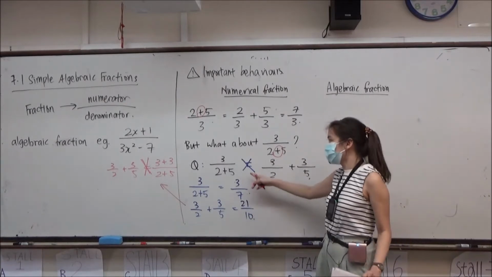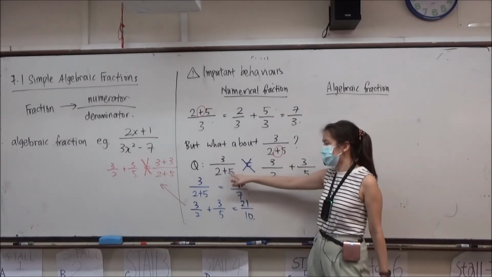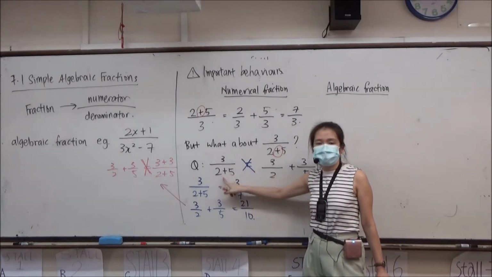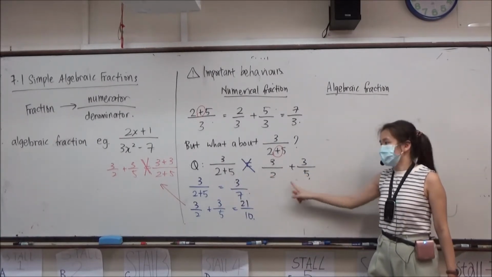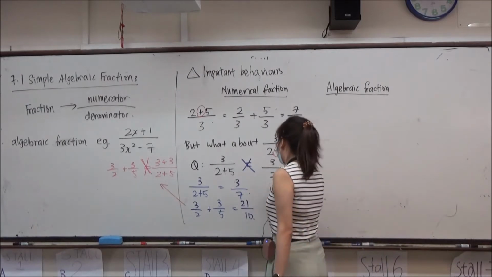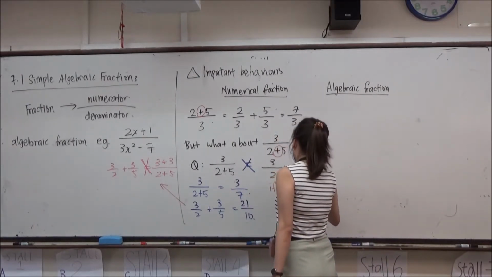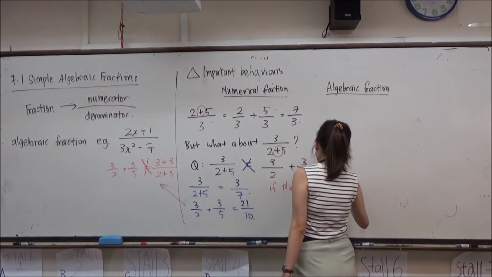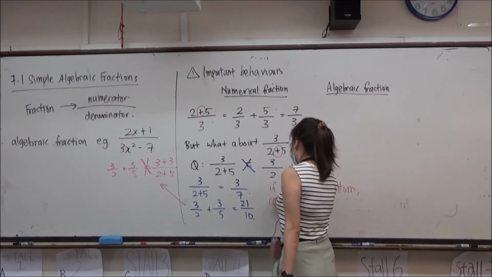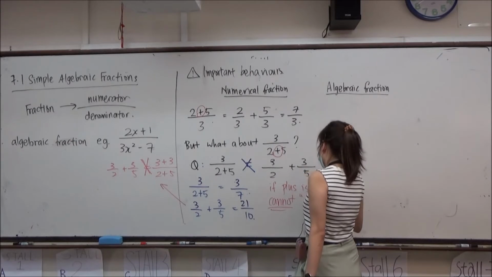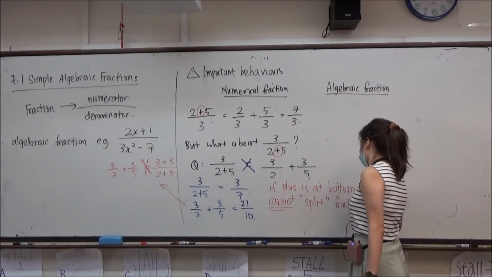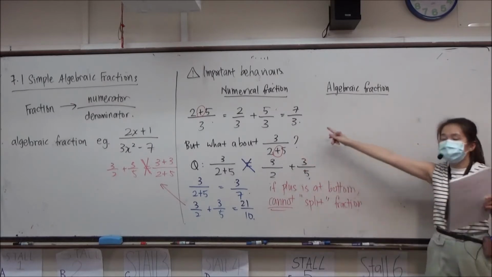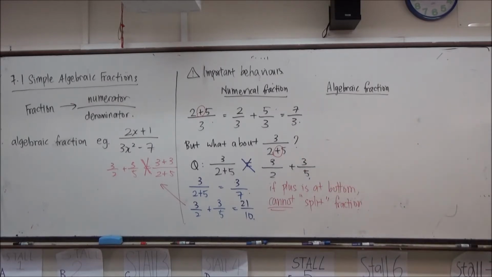So therefore, what we can see over here is, if the plus sign is at the bottom, you cannot split the fraction. Whereas if the plus sign is at the top, then you can do it.